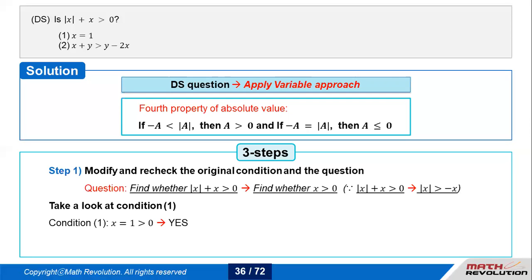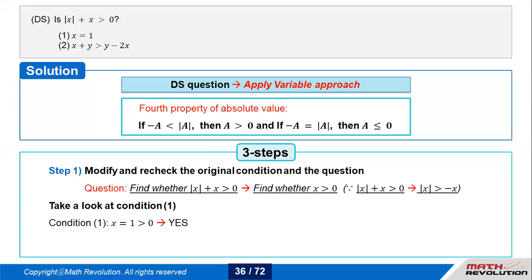And my modulus of x can be greater than minus x only when x is greater than 0. It's this property, the fourth property. If A is negative, it is less than modulus of A if A is greater than 0. Because if A is less than 0, this inequality fails, because it's already negative on the left hand side.